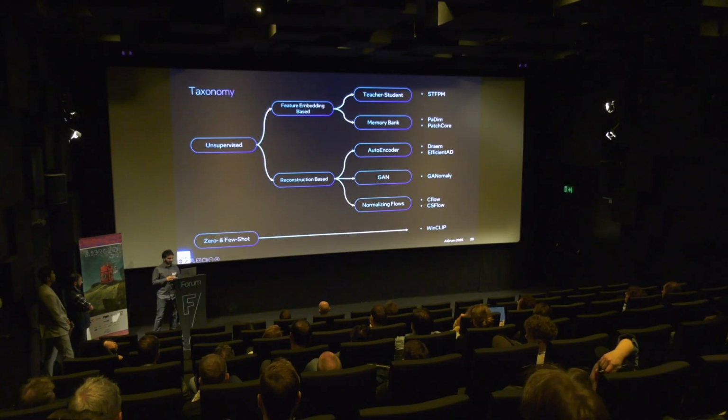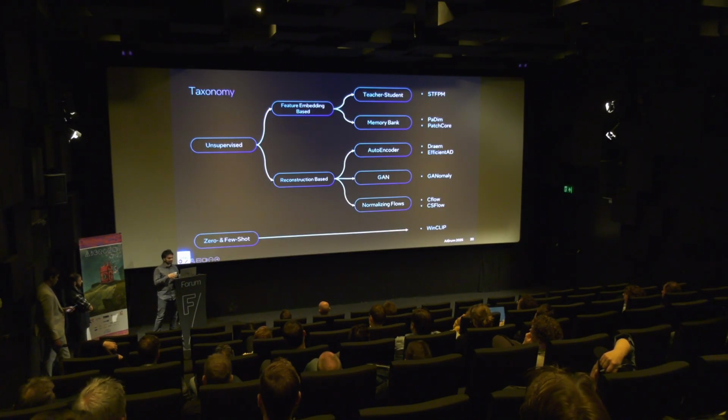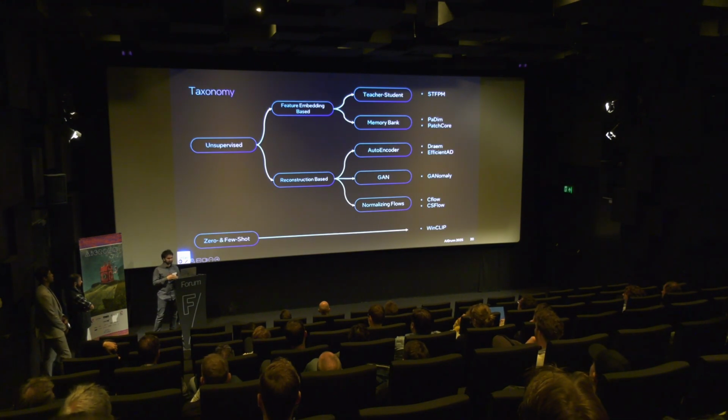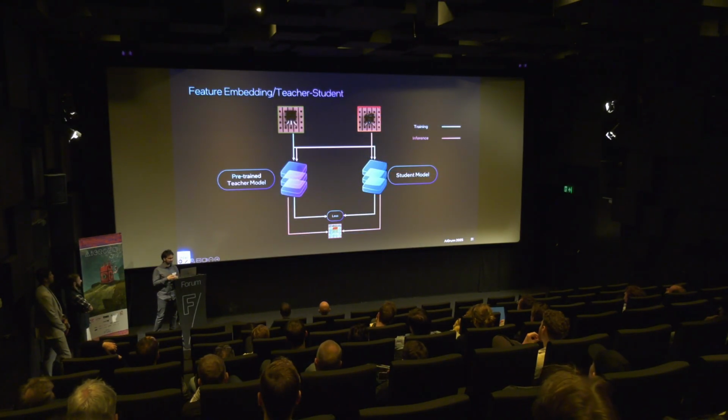There are quite a lot of models, and this is a very small subset in the Anomalib library that we work on, which is an open source library. We have close to 20 or more models, all of different types. So let's take a look at one or two of them, to give a good idea of how other anomaly detection methods work as well.